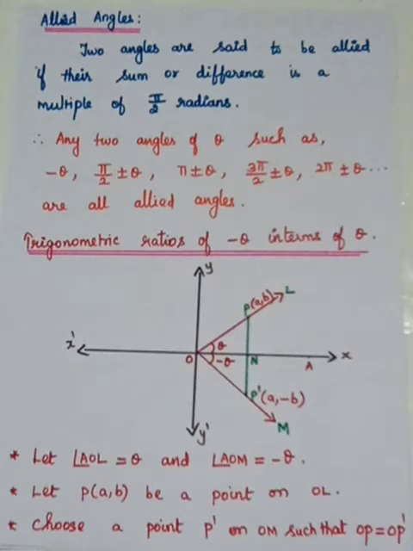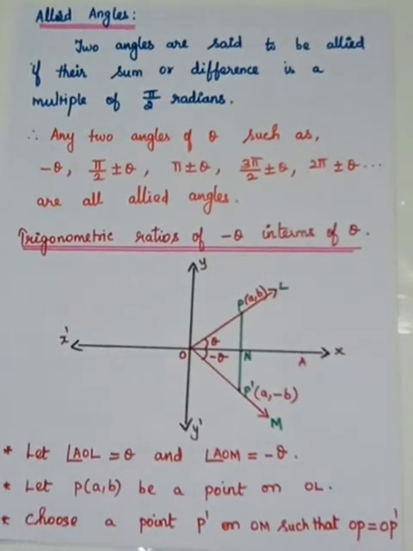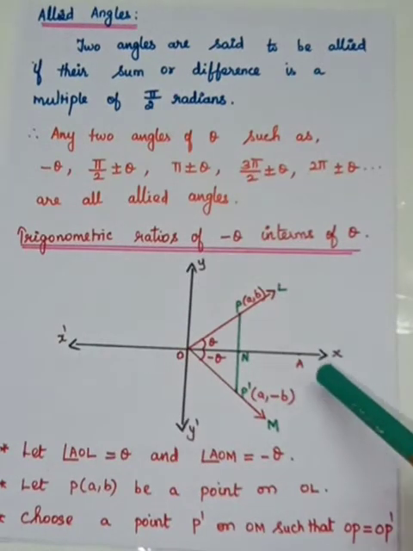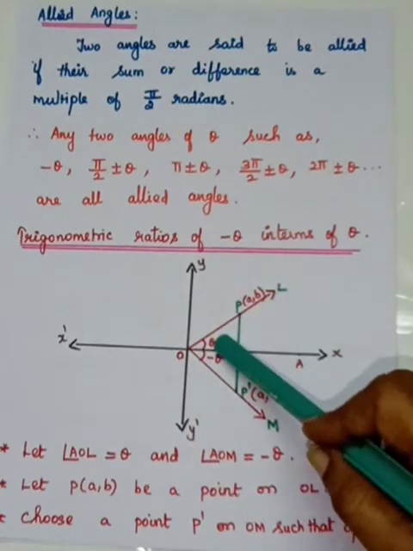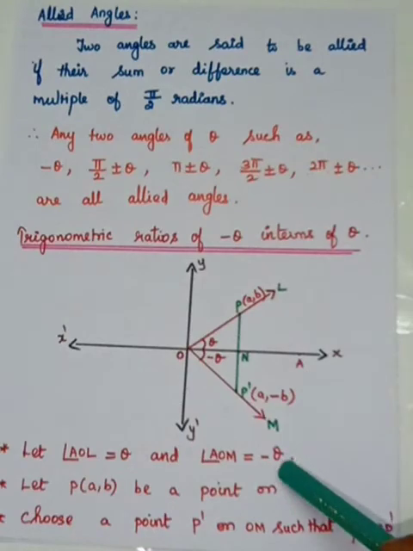Okay, so the next one, trigonometric ratios of minus theta in terms of theta. Sine theta, cos theta, tan theta, we have found like that. Now we are going to see sine of minus theta, cos of minus theta, tan of minus theta. For that, see here, let the angle AOL be equal to theta, and the angle AOM be equal to minus theta.